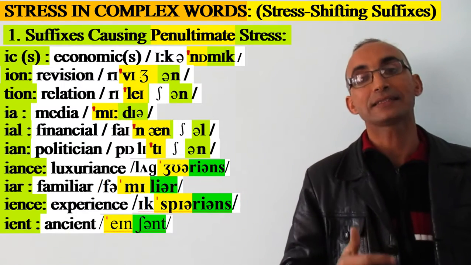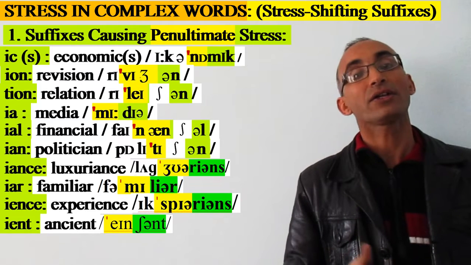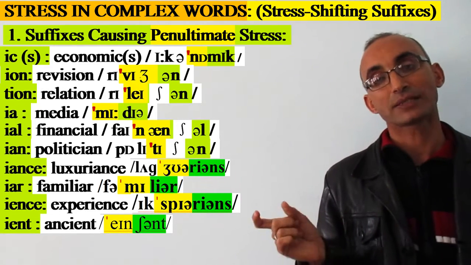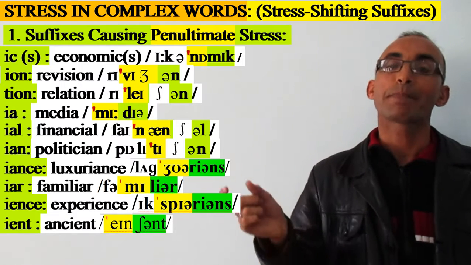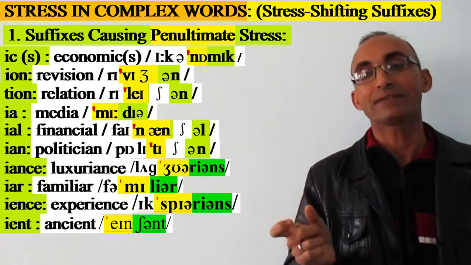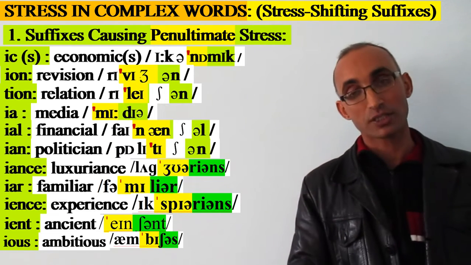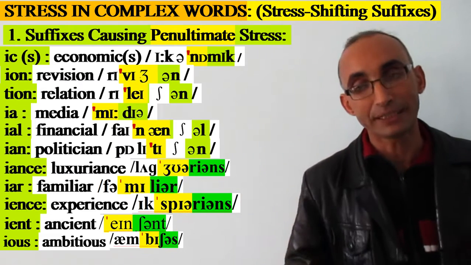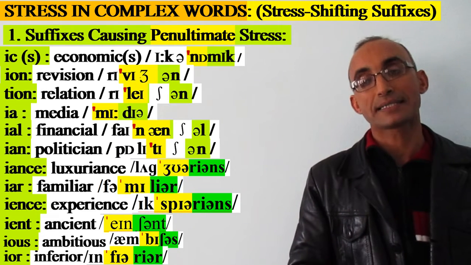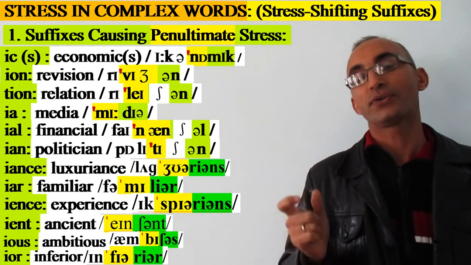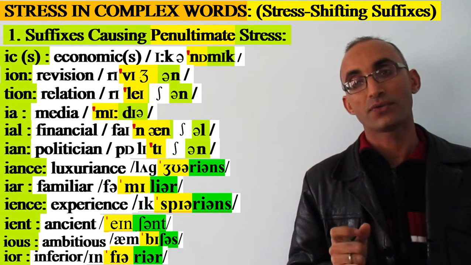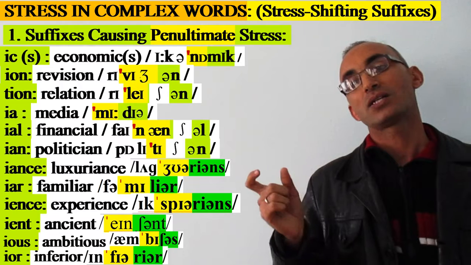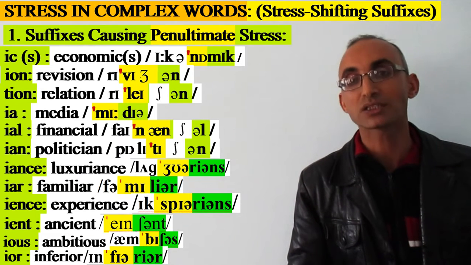Clear. Also iant, like in ancient. Here shant is the suffix, so we stress its penultimate syllable, which is an. Also ious, like ambitious. Shus is the suffix, we stress the penultimate, which is bi. Also ior, we stress in inferior the syllable fe before the suffix rior.